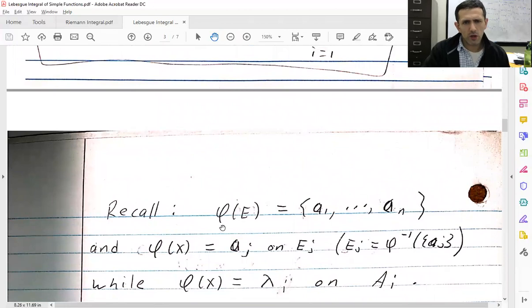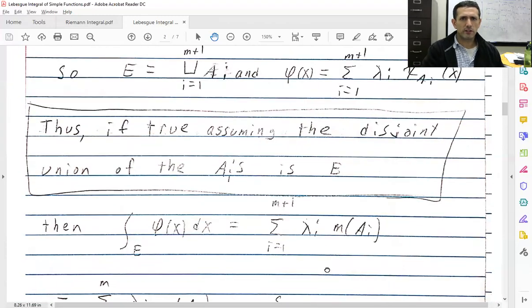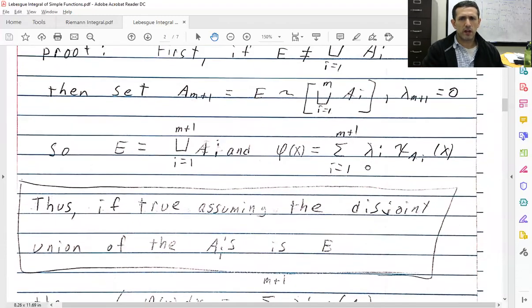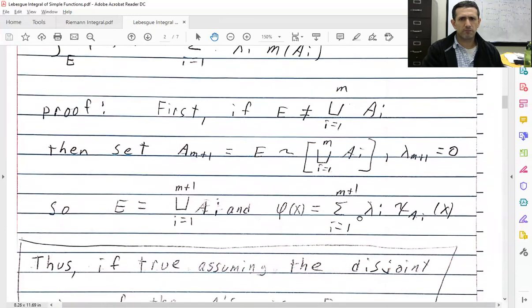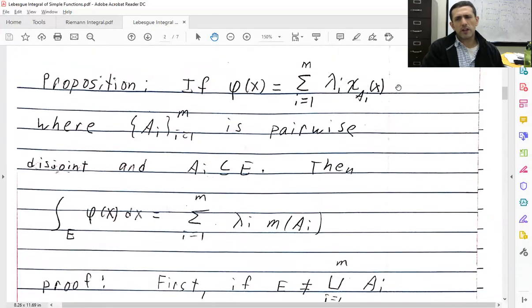Right. So φ(x) is a_j on E_j. On the other hand, φ(x) is λ_i on A_i, just by definition. If x is in A_i, it can't be in any of these other sets because they are pairwise disjoint.